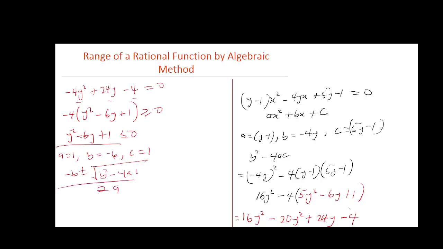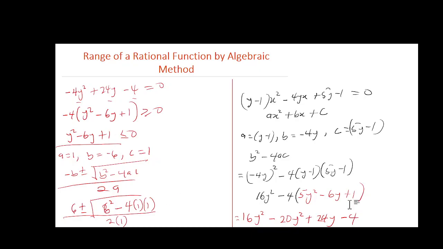And minus 6 is our b. Minus minus will give us 6, plus or minus the square root of 6 squared minus 4. Our a is 1 and our c is 1, everything all over 2a. a is 1.